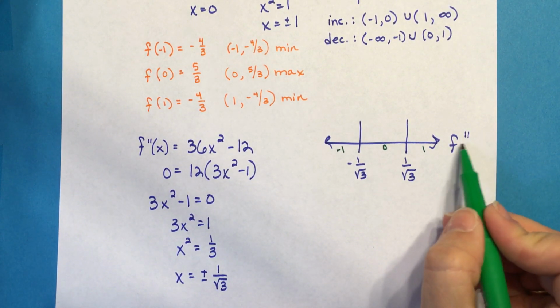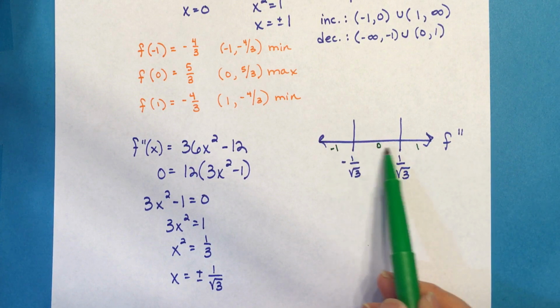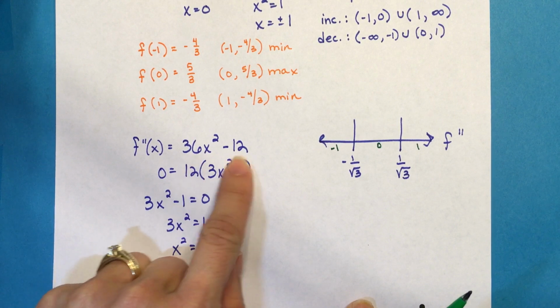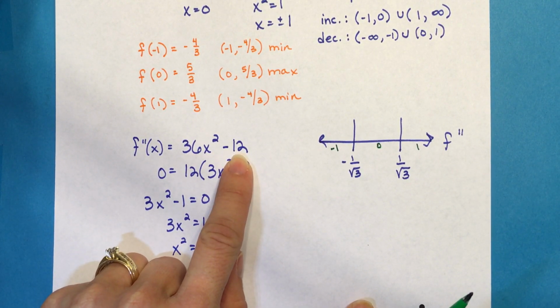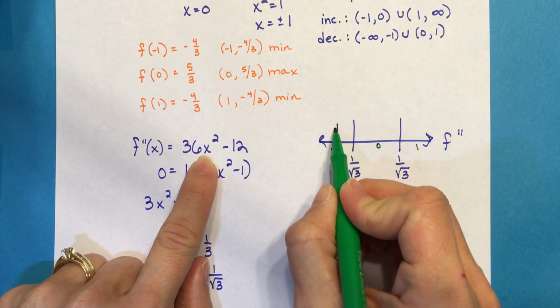Now, this is your test with your second derivative. You need to substitute these test numbers into the second derivative. So you plug it in here and see if you get something that's positive or something that's negative. If I plug in negative 1, that's going to give me something positive.